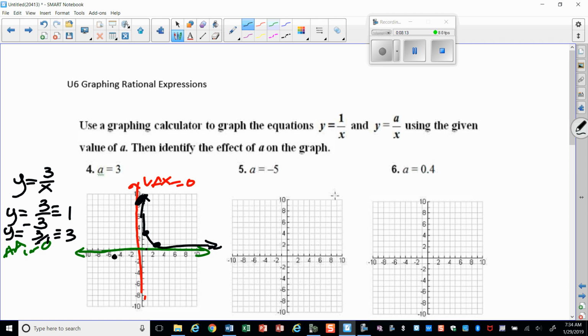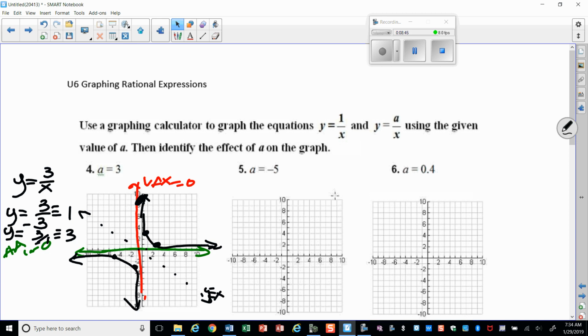So it is actually reflected across this line, right? y equals x. Oh, negative x. Okay.